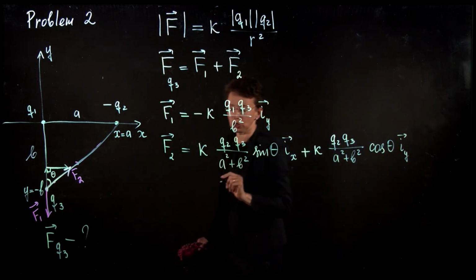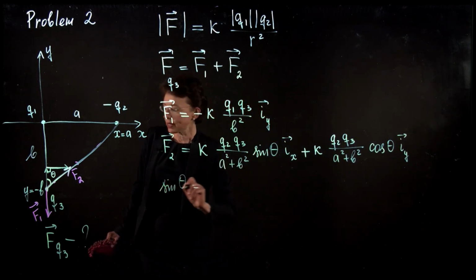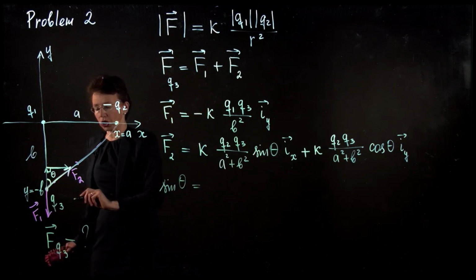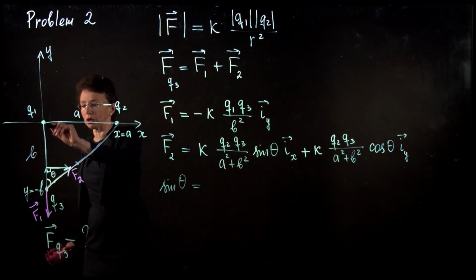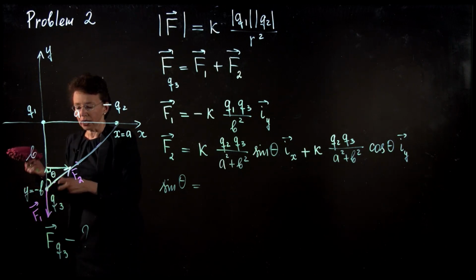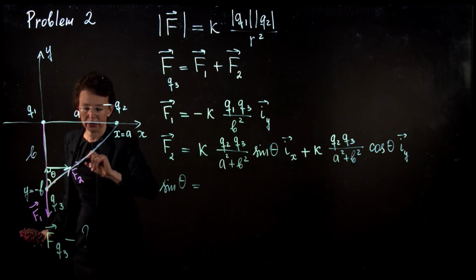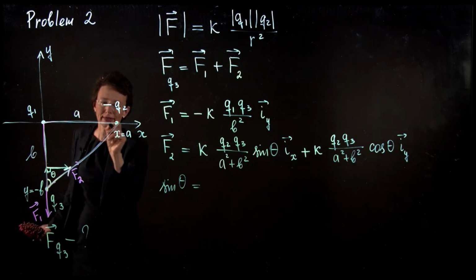So now I need to express sine theta and cosine theta in terms of what is given. Which triangle will we use? We will use this big triangle to find sine theta and cosine theta. This is my triangle.